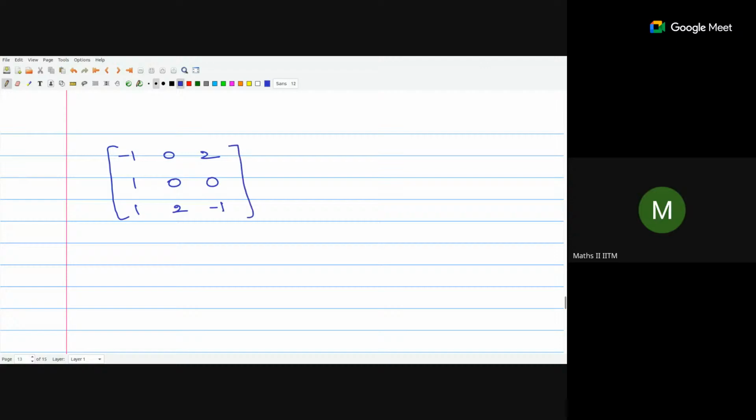So you see, this is a matrix. Now just stare at each row and compute the sum. If you compute the first row sum, you will get 2 minus 1 plus 0 plus 2, which is 1. If you take the sum of the second row, this will be 1 plus 0 plus 0, which is also 1.